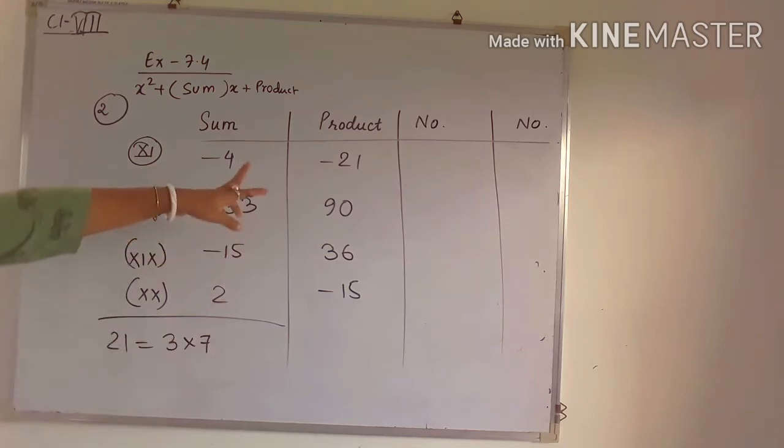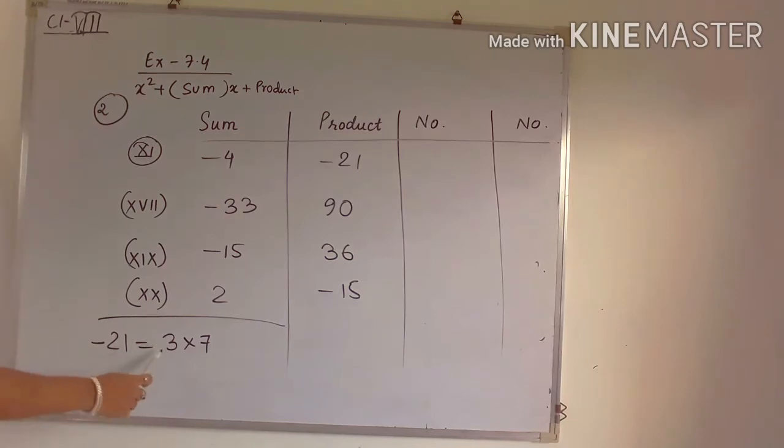Okay. So see which number we have to take as a negative number. Here you can see this is -21. So when will it become -21? If we take either 3 or 7 as minus. Okay. So if I take 3 as minus, then what will happen? This will be -3 and this will be +7. So if I add the two numbers, I will get what? 4. But I want what? -4.